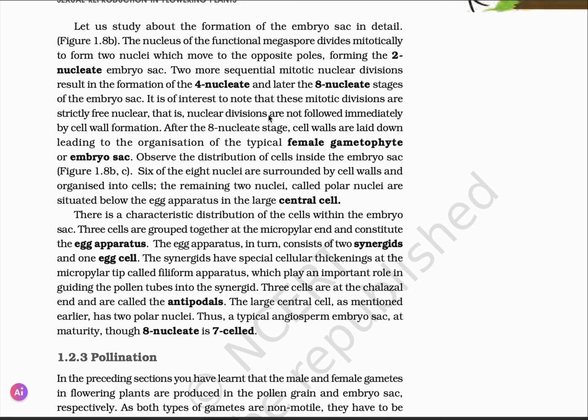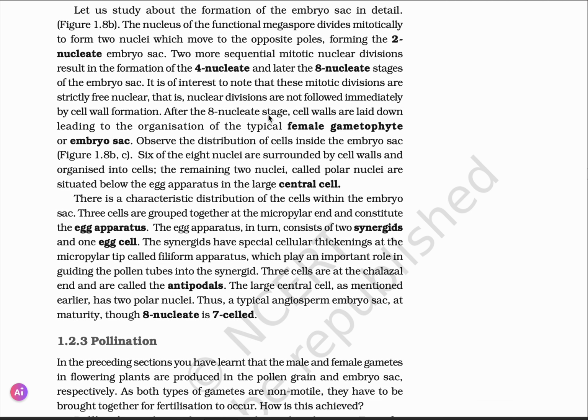This leads to the formation of the female gametophyte called the embryo sac, and we should observe the distribution of cells inside the embryo sac: 6 out of the 8 nuclei are surrounded by cell walls and organized into cells, and the remaining 2 nuclei, called the polar nuclei, are situated below the egg apparatus, and the whole is called the central cell.